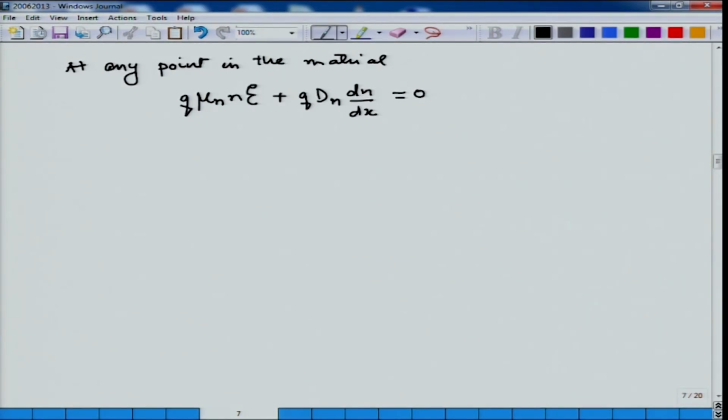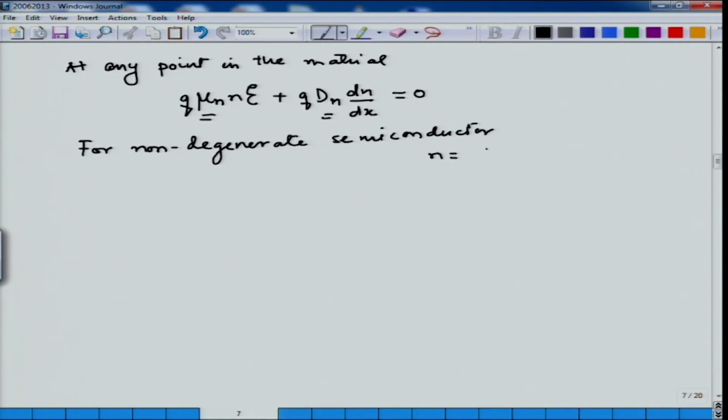Now, we lead this to the final solution and the relationship between the mobility and diffusion constant in equilibrium. We take help of one additional assumption, which says that let us solve this for non-degenerate semiconductors. In that case, I have an expression for n, which can be written in terms of the band energy.